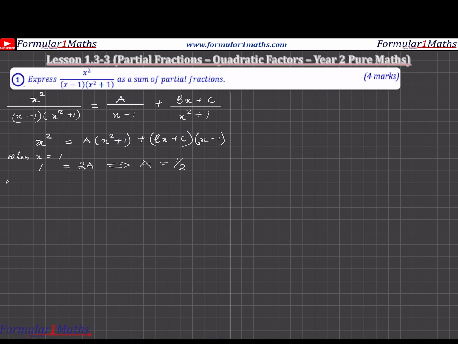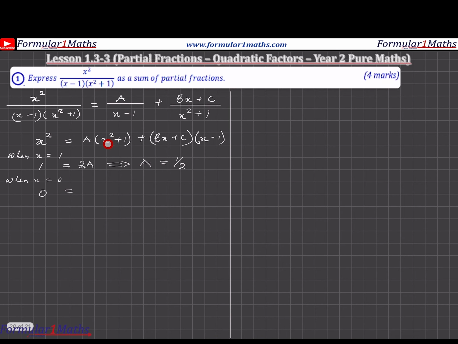Then when x equals 0, on the left-hand side, I'll have 0 equals 0 plus 1. 1 times a is a, plus, for this term, I'll have 0 times b is 0, so I have c in this bracket, and then I have 0 minus 1 is minus 1, so minus 1 times c is minus c.